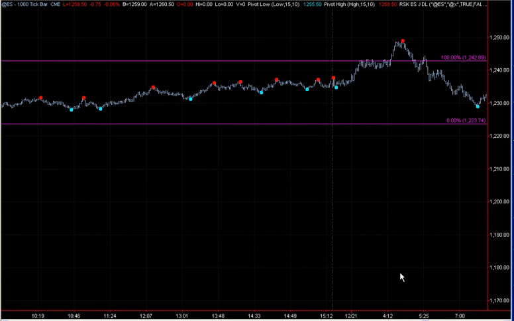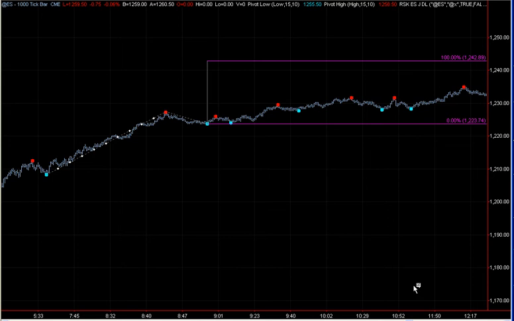So the two primary rules that you need to keep in mind when drawing extensions: if point C were to drop below point A, it will cancel out the setup. And if the current bar moves greater than the 100% line, it will also cancel the setup.